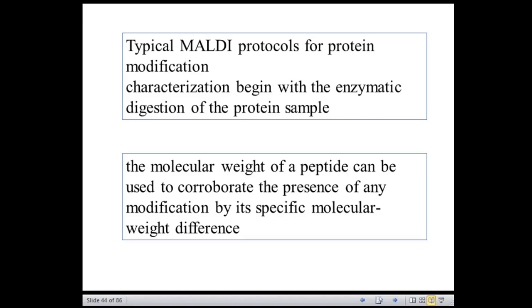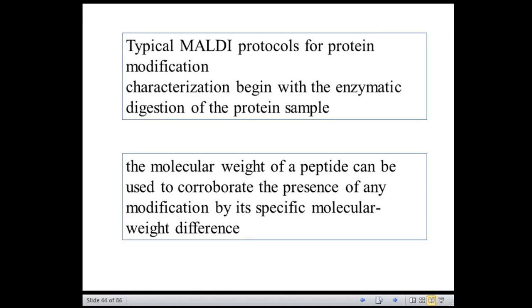So this approach is straightforward but has very little specificity and selectivity. Right. So the results can be ambiguous if a complicated digestion mixture is presented. And this difficulty can be overcome by using a post-source decay MALDI to generate and record the metastable fragment ions.